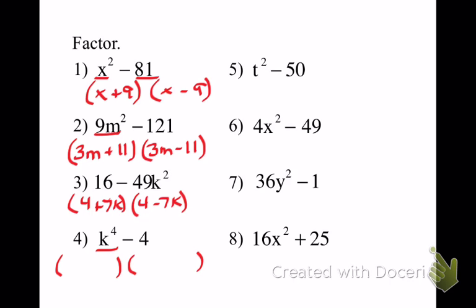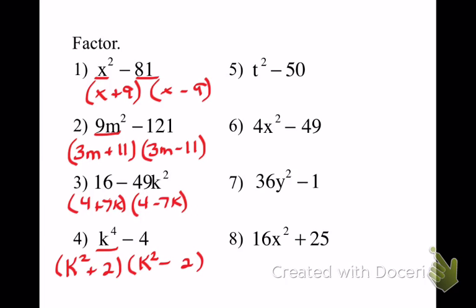What times itself is equal to k to the fourth? And so we know that that's got to be k squared times k squared. Remember, we add the exponents. And the square root of 4 is 2 and 2. One's positive, the other's negative.